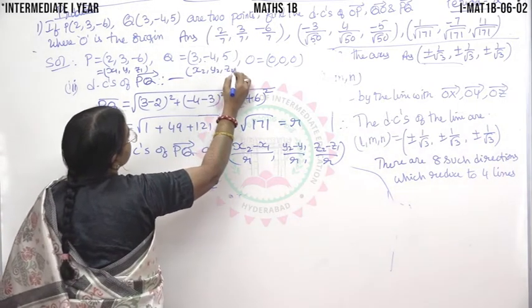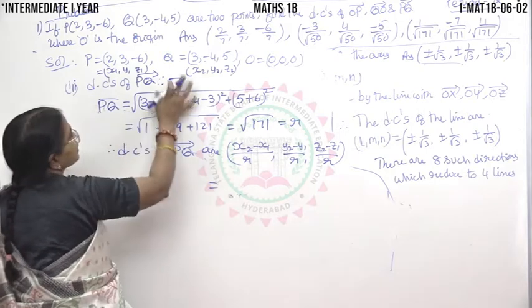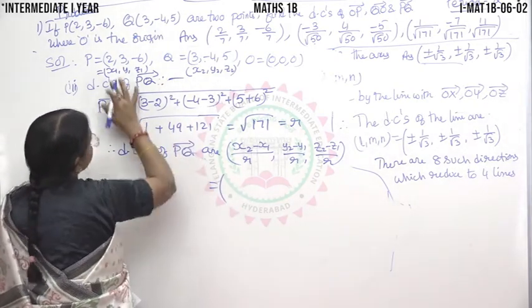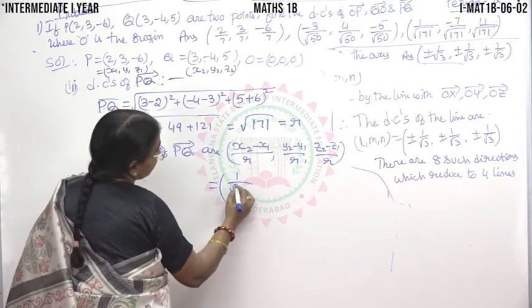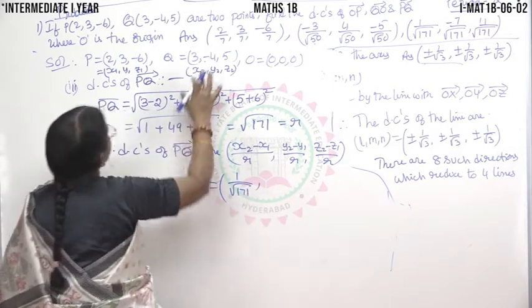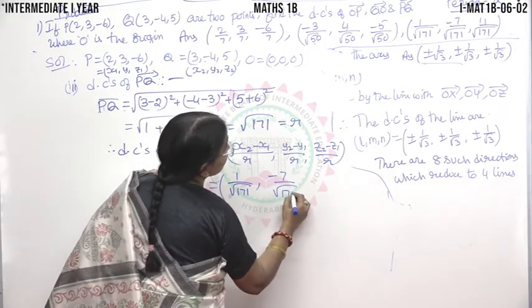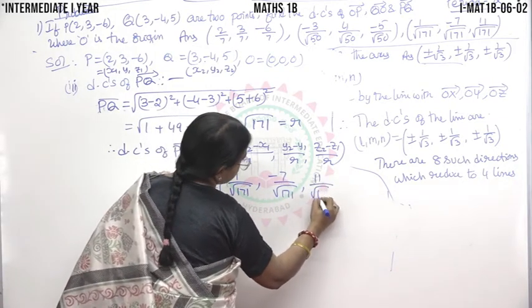So x2 minus x1 means 3 minus 2, 1. So 1 by root 171, y2 minus y1 is minus 7 by root 171, and then 11 by root 171.